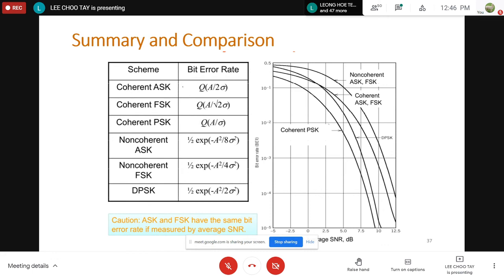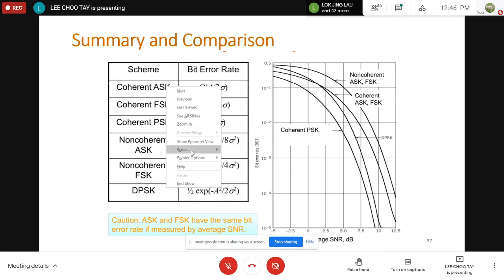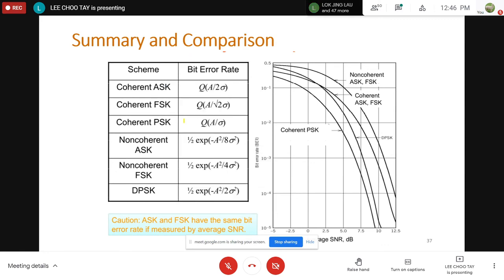Now let's look at what we have studied about these modulation techniques so far. The first three are for coherent detection, and the last three are for non-coherent detection.